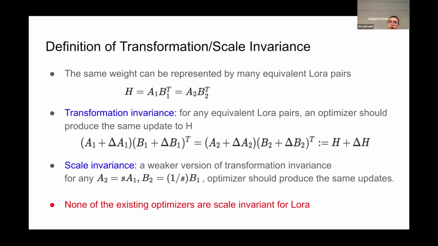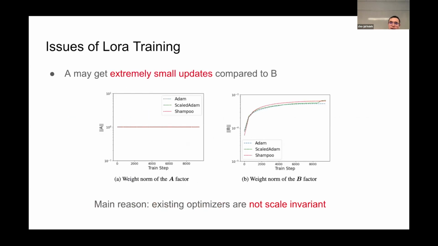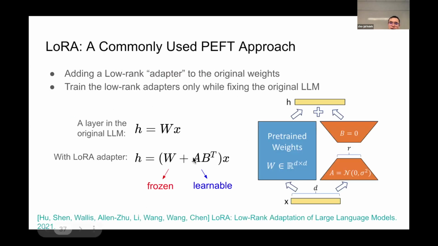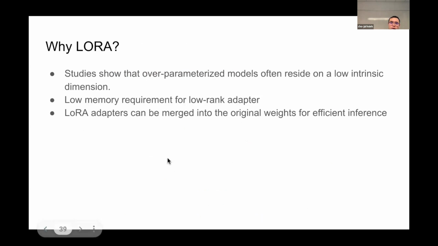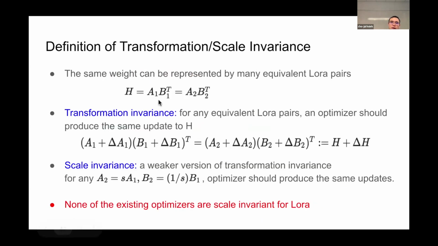Scale invariance is a very intuitive idea: if your neural network has the same LoRA weights, then you should get the same LoRA updates. We add A times B into the neural network. If I have two LoRA pairs, A1 B1 and A2 B2, and A1 B1 equals A2 B2, then they correspond to the same parameters.